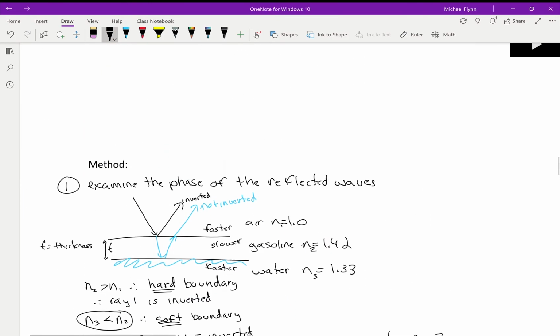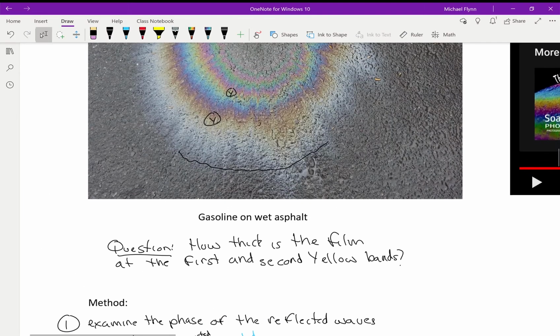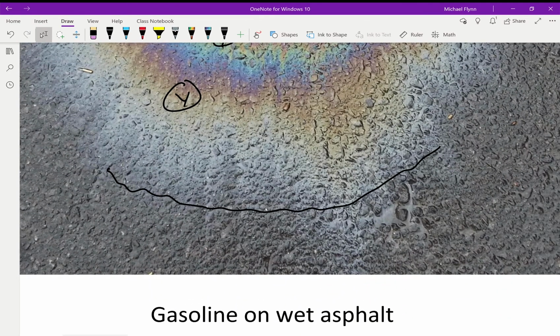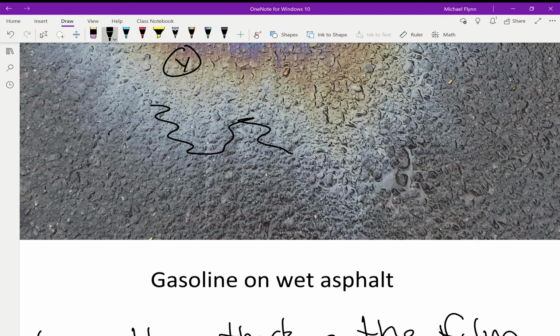Okay, so here's the deal. Where do you get a path difference of 0 on this film of gasoline? Well, you're going to get that on the outer rim. So like you see this white band here, the white is a reflection of the sky. That's not what we're talking about. What we're talking about is an invisible film.